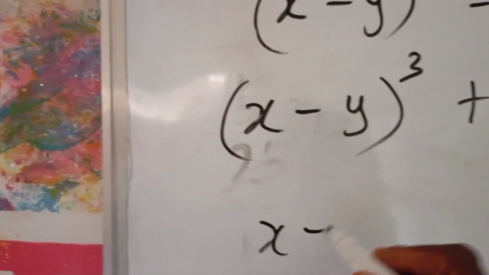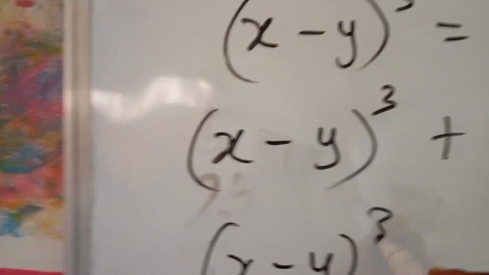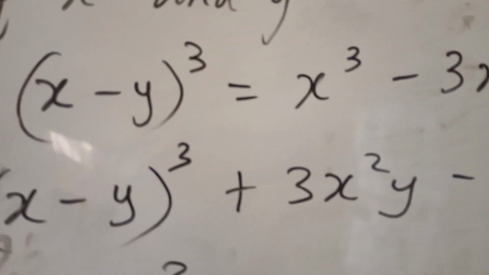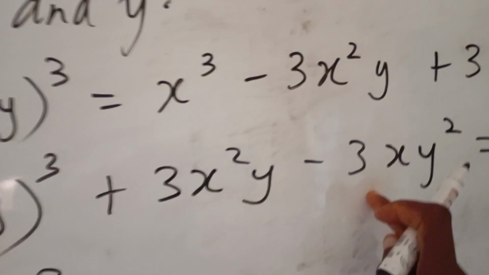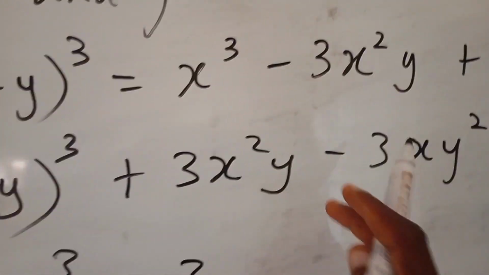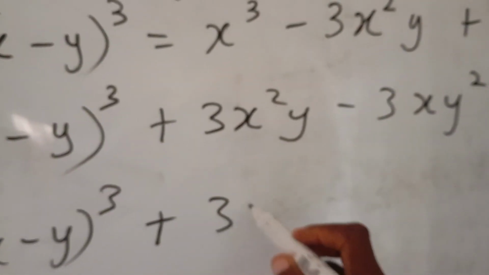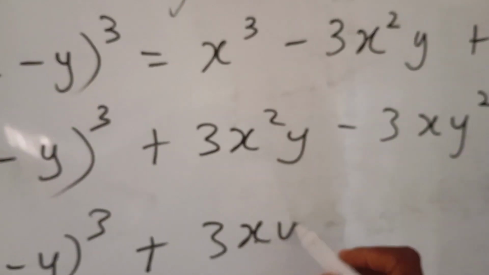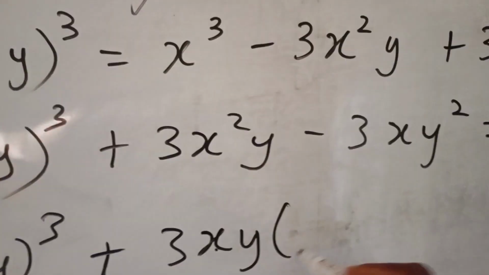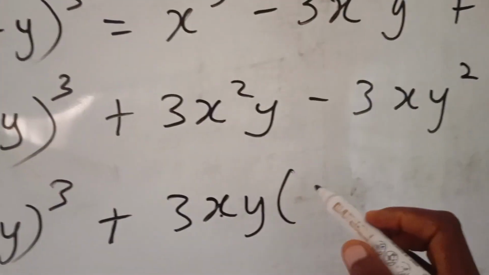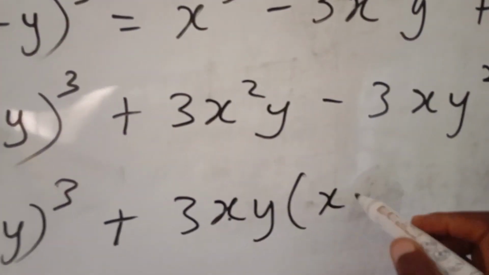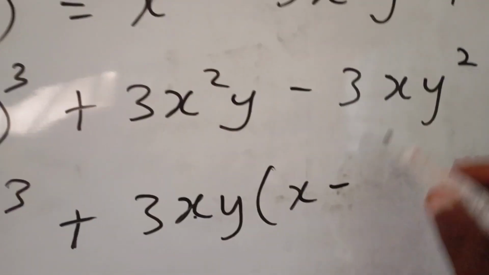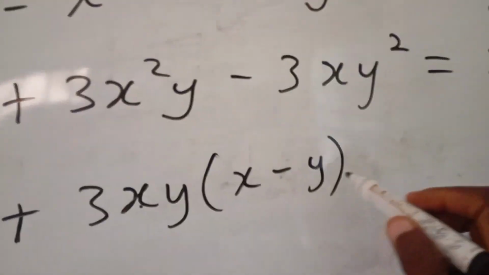Alright, so let's continue. Now here we have (x minus y) to the power of 3. And over here, at these 2 points, we have 3 common. We also have x common to both places and y common to both places. So when we deduct that from the equation, we will have x remaining here minus y remaining at this other point.